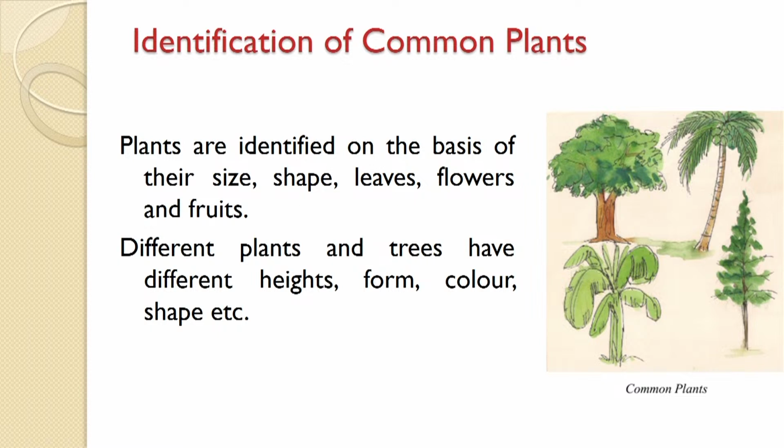If you try to observe plants in your surroundings, you may find some common plants like mango, banana, coconut, and I would say try to identify these plants with the help of your parents or mentor.